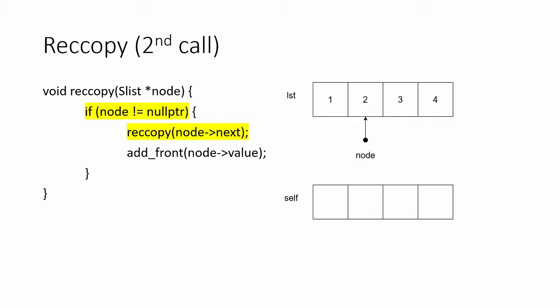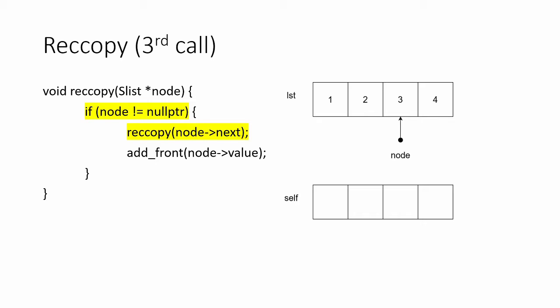Something that I want to highlight here is that this is the second time that we're calling Reccopy. Within Reccopy, we're going to call it one more time, which is this same function call. Then we do the same check. We check if node is not equal to null pointer, which is true. So then we call recursion copy again for node next, which is going to be the third element of our generic linked list.